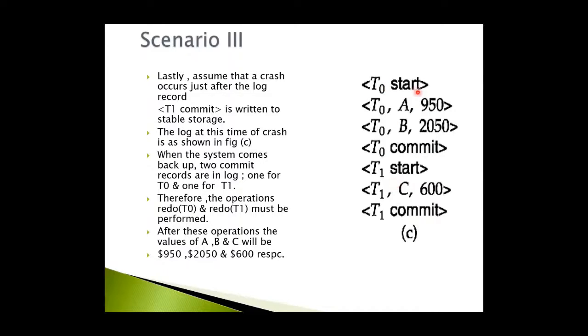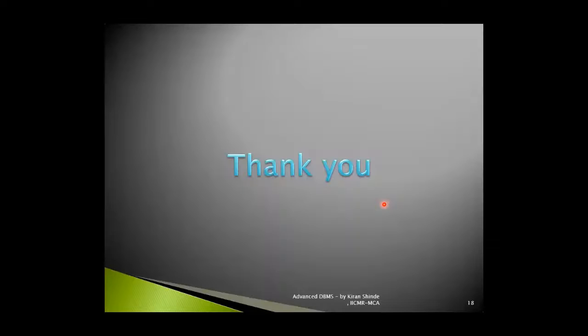In this case, T0 start and T0 commit are there, and T1 start and T1 commit are there. So obviously, the system will use this deferred database modification technique to apply the redo operation on both transactions, T0 and T1, and ultimately it will preserve the consistency and atomicity of the transactions. So with respect to these three scenarios, I tried to make you understand how the deferred database modification technique works. Hope you understood it. Thank you for watching.